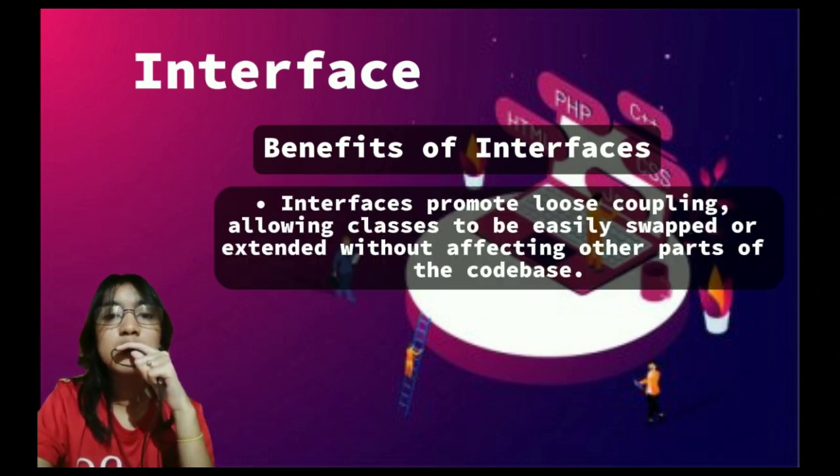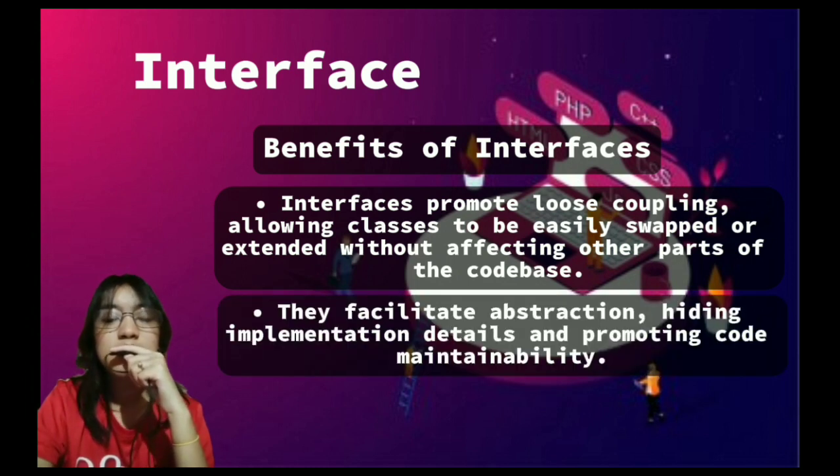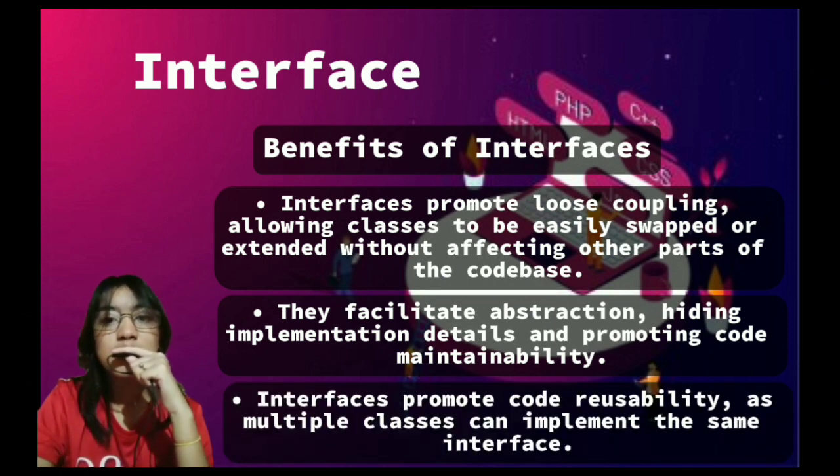Interfaces promote loose coupling, allowing classes to be easily swapped or extended without affecting other parts of the code base. They facilitate abstraction, hiding implementation details and promoting code maintainability. The interface also promotes code reusability as multiple classes can implement the same interface.